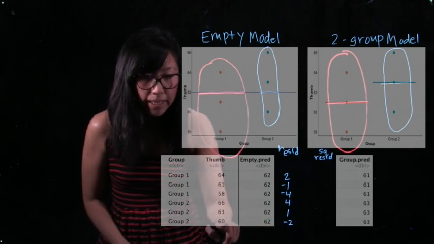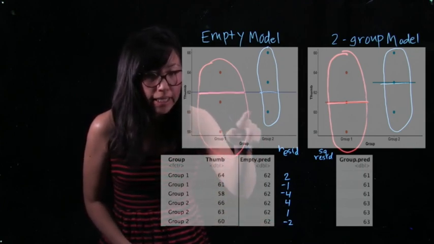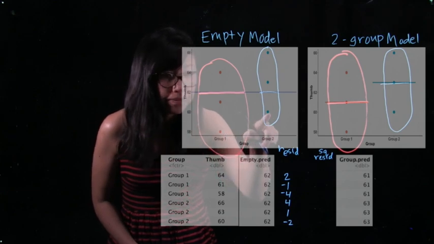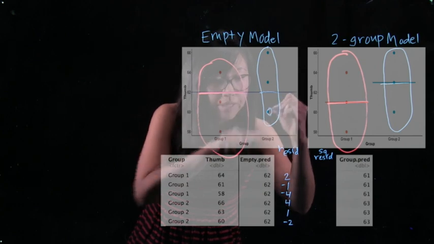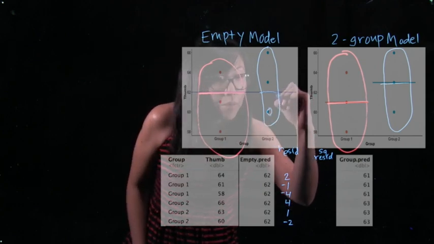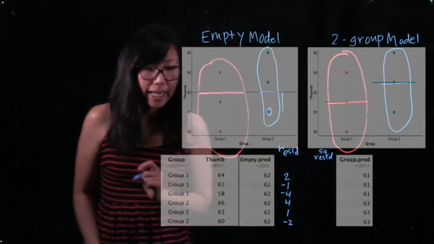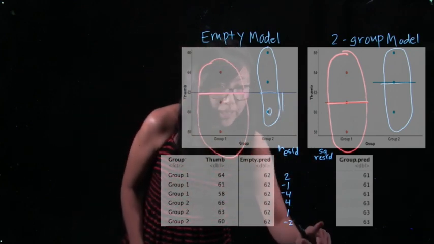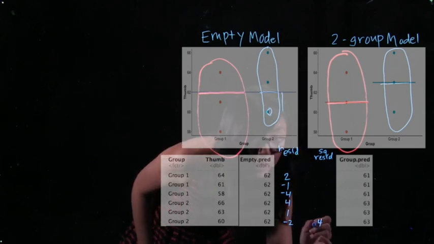So let's think about this 60 right here. It's that blue dot at 60 that's in group 2, and I'm going to draw a little circle around him. My residual from the empty model looks something like that. Then I'm going to square that residual. So it's -2 squared, which is 4.